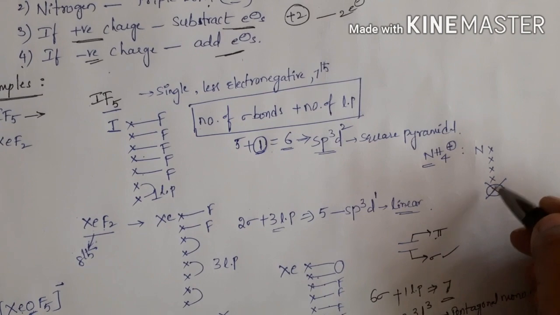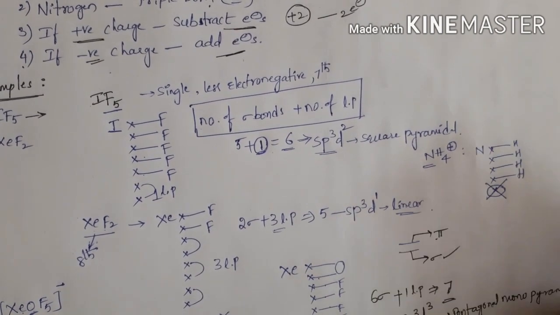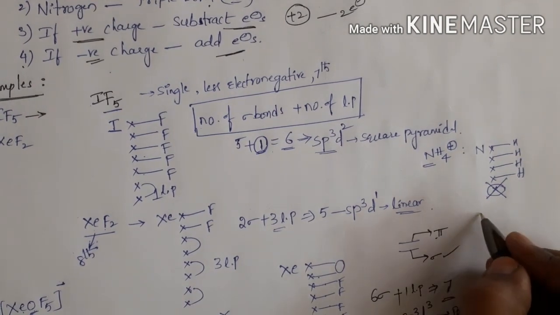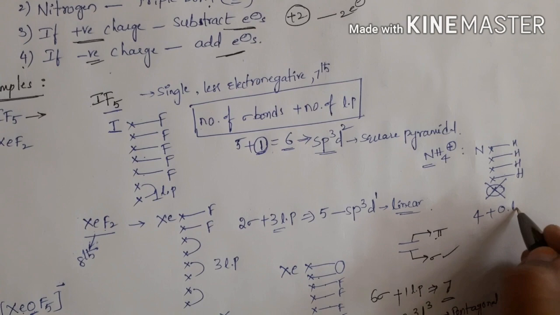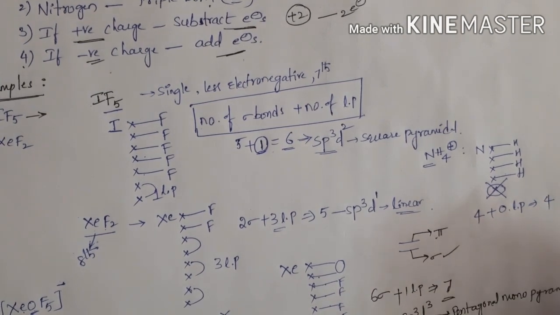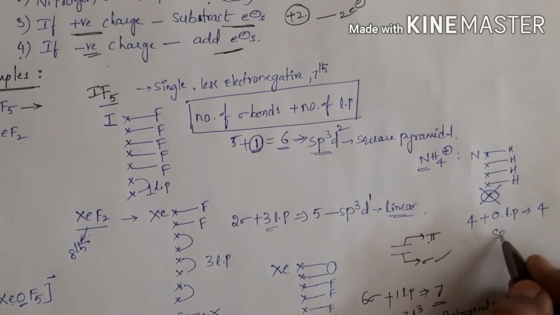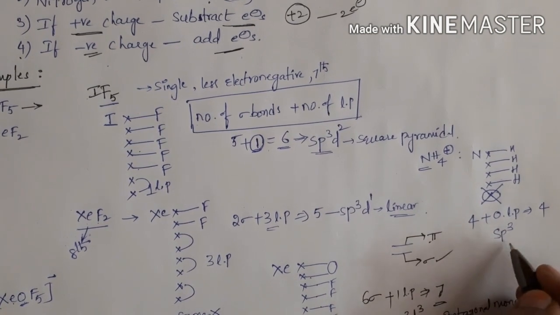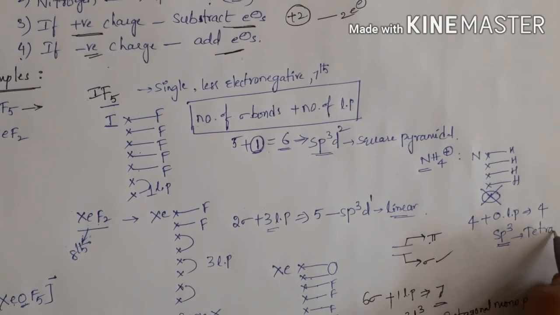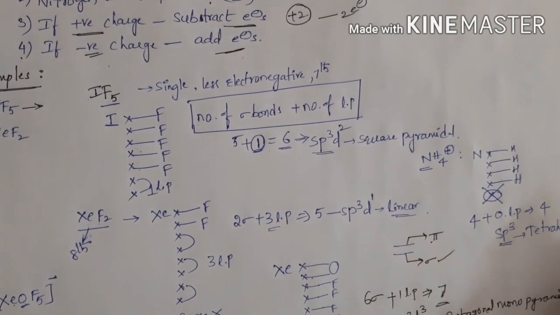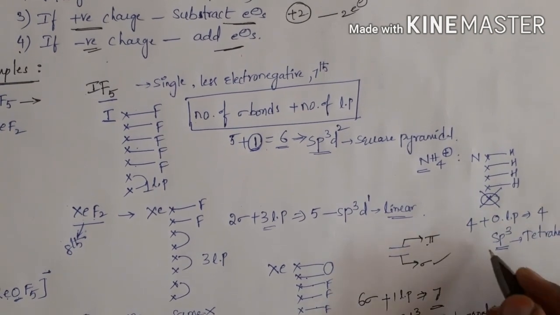That is 4 electrons are present. 4 hydrogens are present. Make a bond with 4 hydrogens. Now count the number of sigma bonds: 1, 2, 3, 4. 4 sigma bonds. Is there any lone pair? 0 lone pairs. So how many orbitals are we getting? 4 orbitals. Which hybridization? sp3. 3 plus 1, 4. sp3 hybridization with 0 lone pairs is tetrahedral geometry.